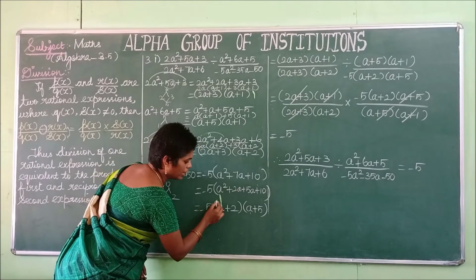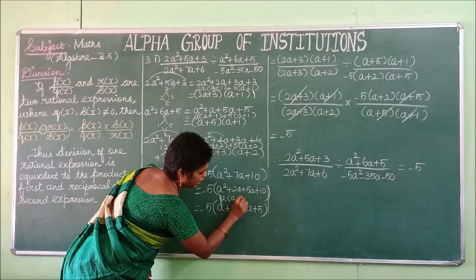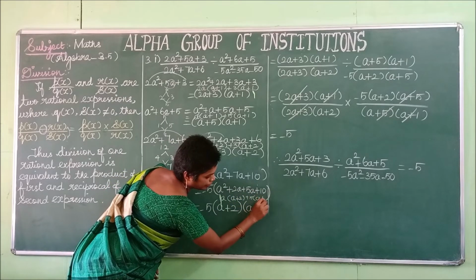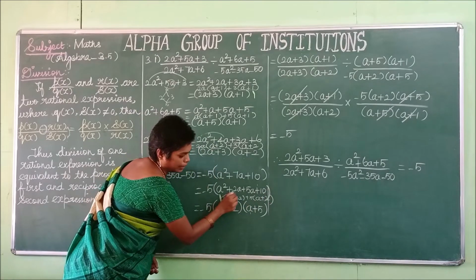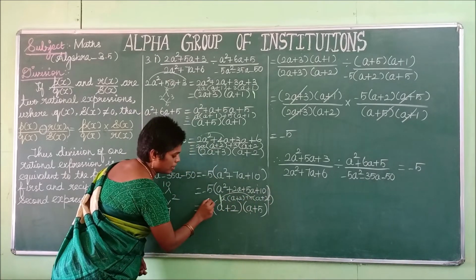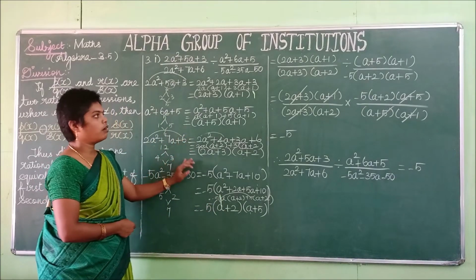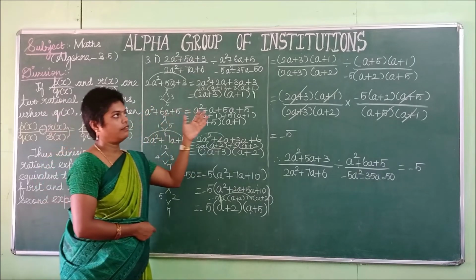Then from these we can take A as common, which leaves A plus 2. Here if we take 5 as common, what are the remaining terms? A plus 2. A plus 2 is common. The remaining term is A plus 5. Here minus 5 is outside. We found all the factors of the given expressions.